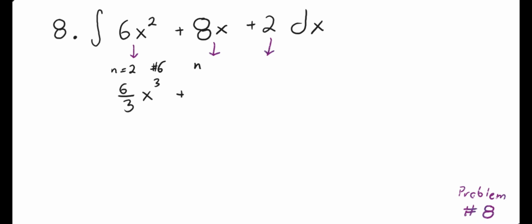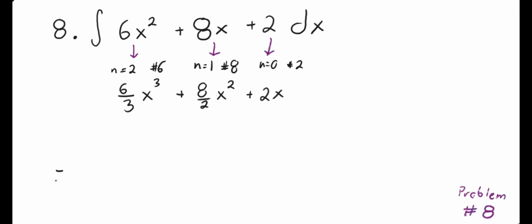Right here, our n is 1, our number is 8. So that means we have 8 over 2, remember the plus 1 from n, x to the power of 2. Lastly, we've got our 2, our n equals 0, our number is 2, so we get 2x.